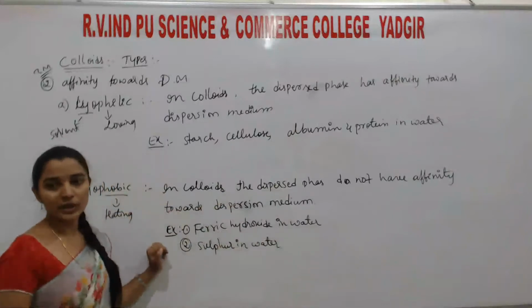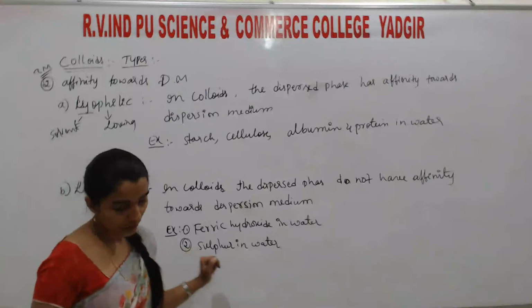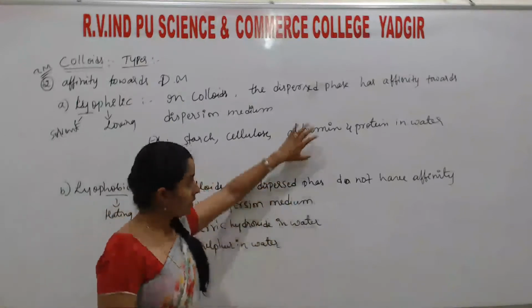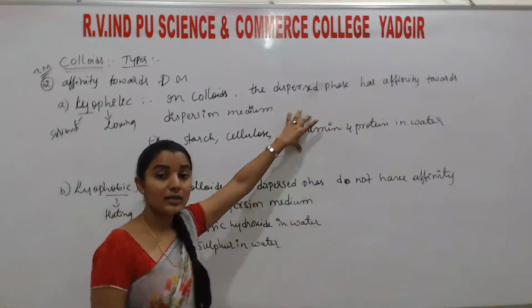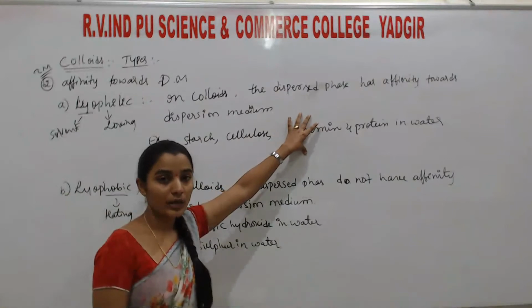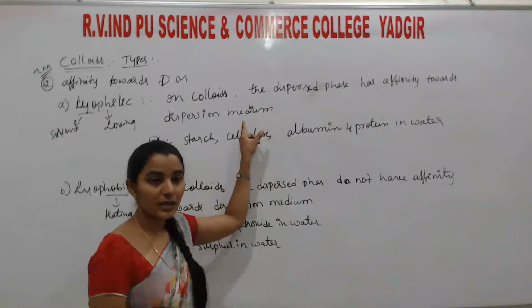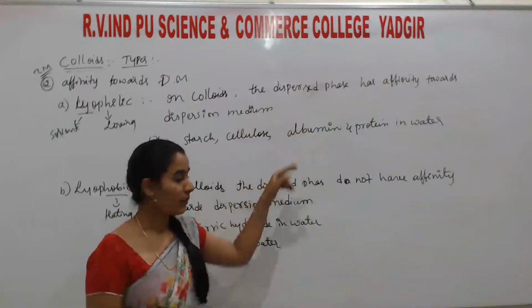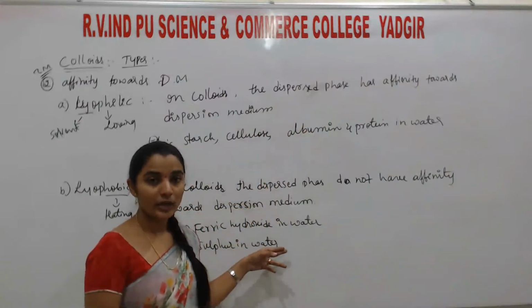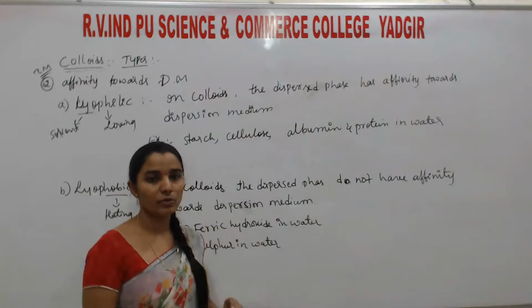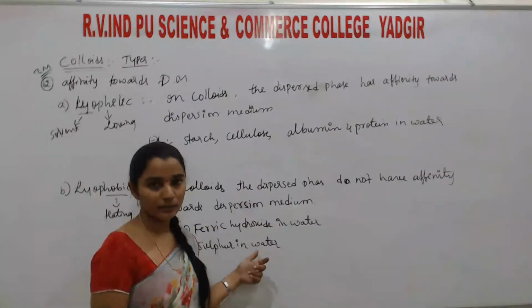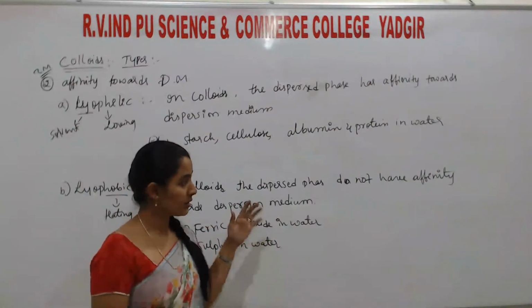These are all solvent loving species. Understand? And next, okay, here the particles cannot be easily detected. Why? Because they love the solvent molecules, they are easily dispersed in them. But here they can be easily detected, at least in the microscope we can detect them. Understand? So these are the differences.